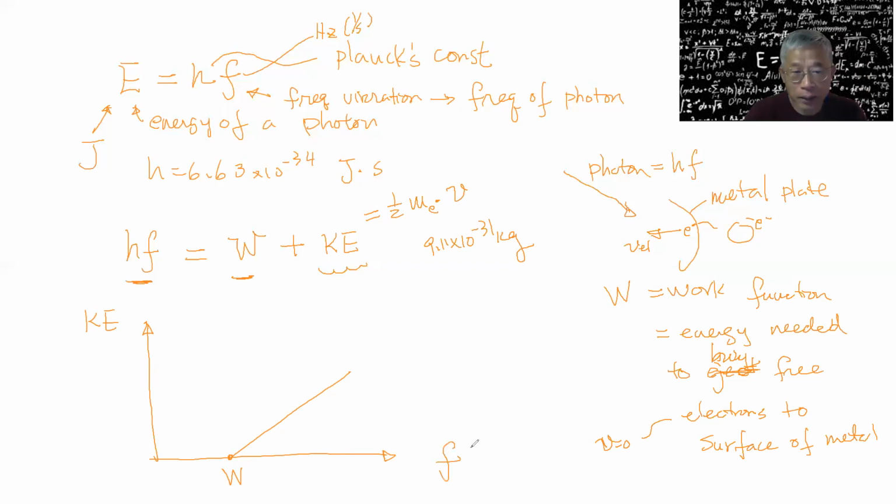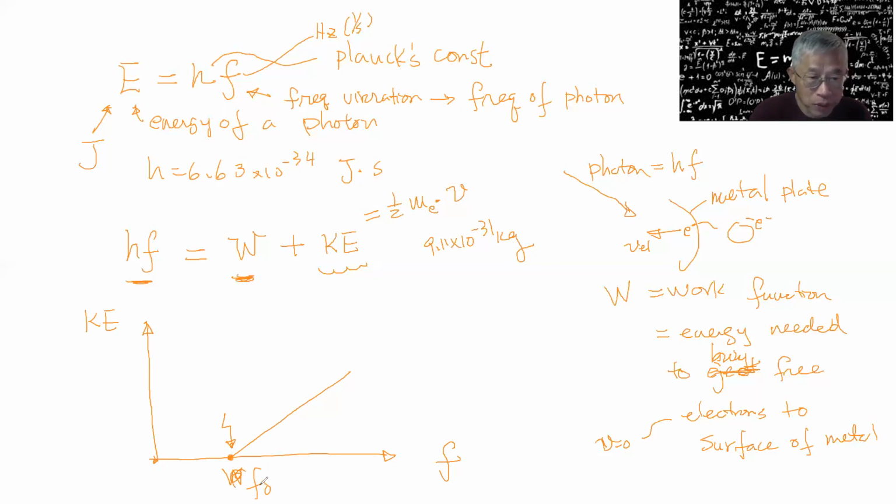It depends on your f. So the higher the f, the higher the energy. If you just give it the f right there, for example, so sorry, this should be f0, right? If you give it f0 right there, then it will have basically the work function, just enough for the work function.